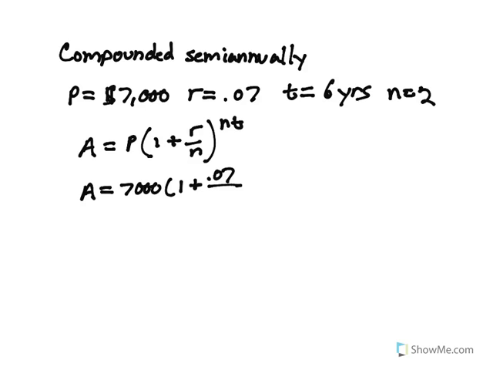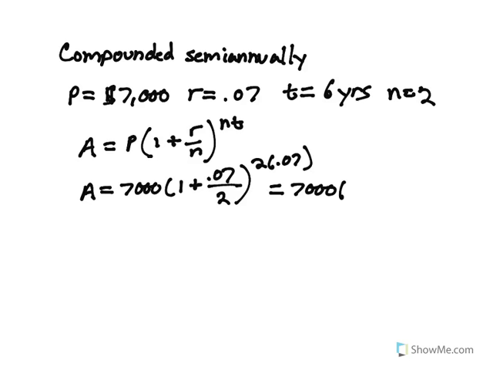Okay? So we're going to plug in 2, and then we're going to do 2 times 6, because it's n times t. All right, so we have 7,000 times, now what we're going to do is 0.07 divided by 2, and then we're going to add 1 to it.